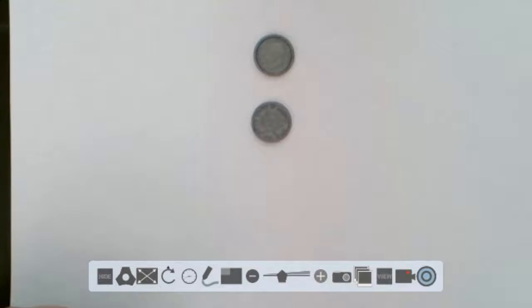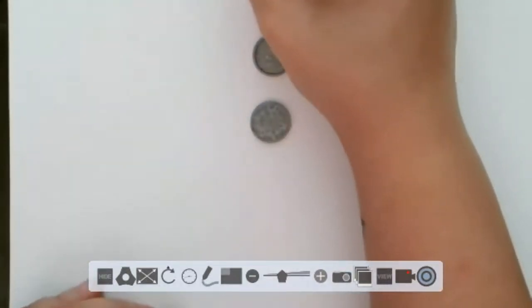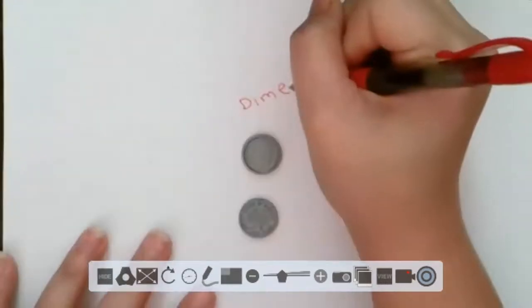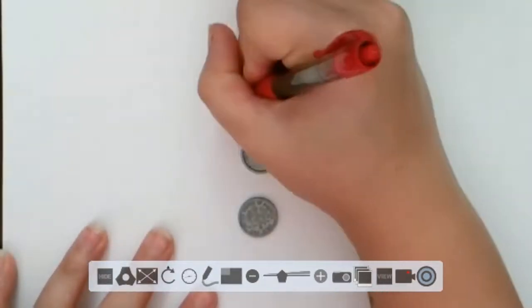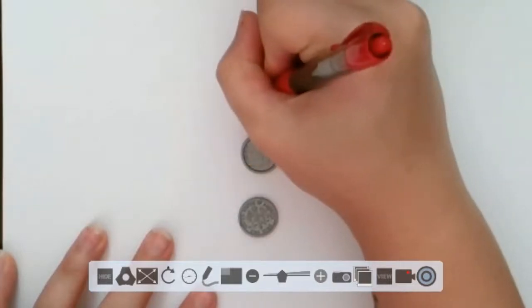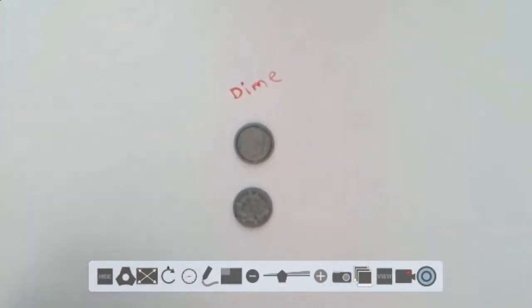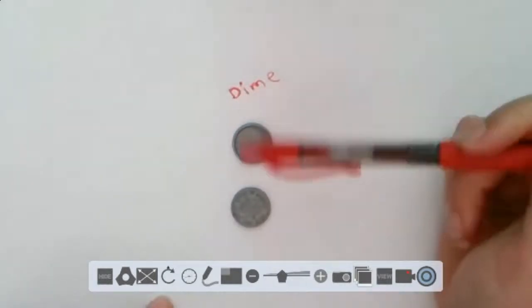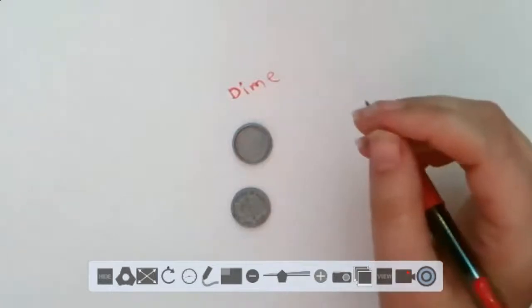All right. Our third coin that we're going to look at today is called a dime. Our dime also has a president on it, and this shows President Franklin D. Roosevelt, FDR.